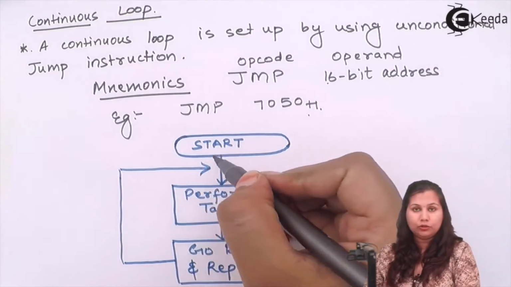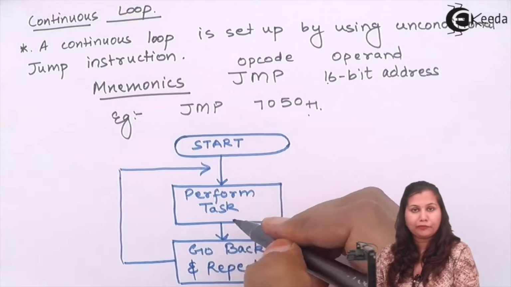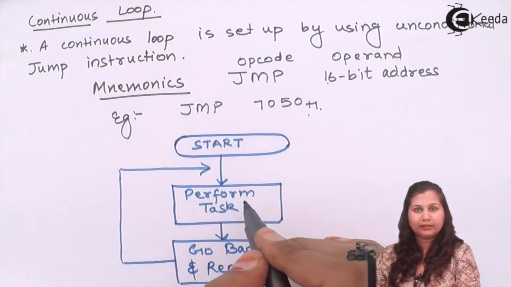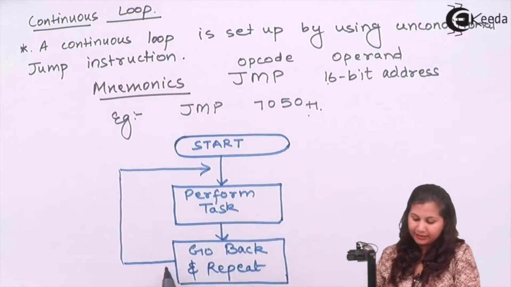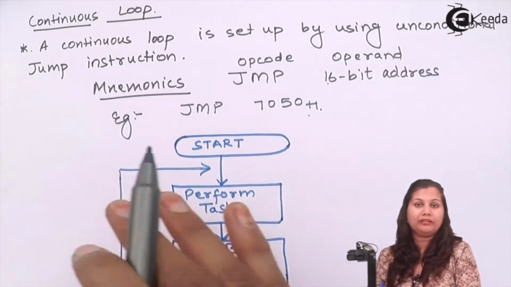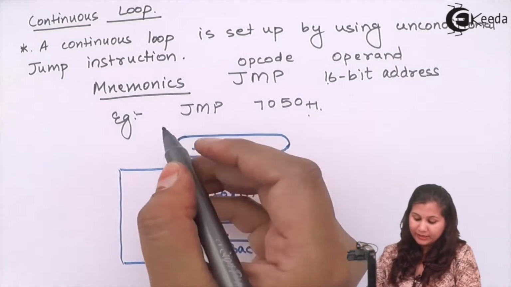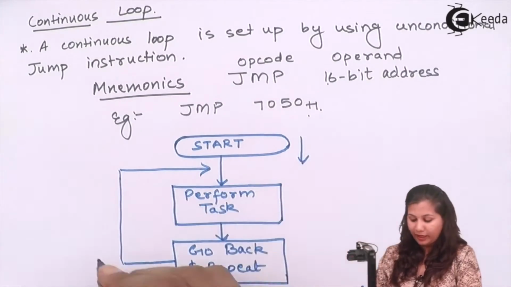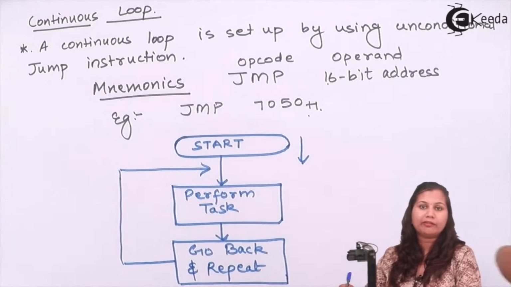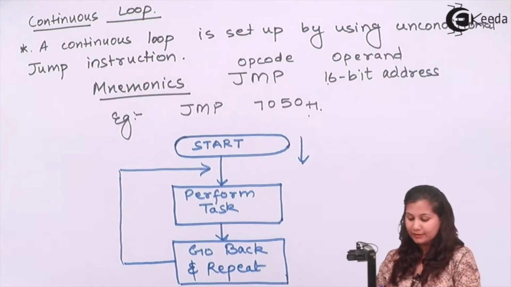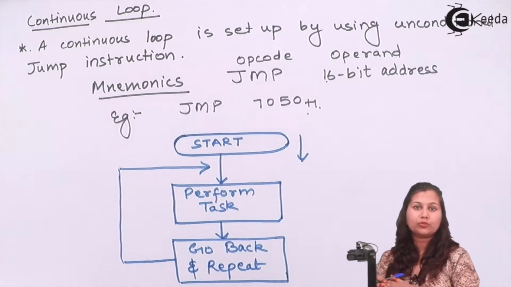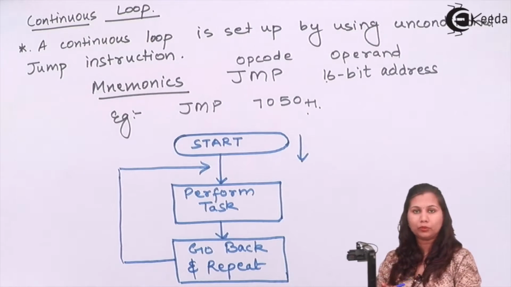We are starting the loop, then it will perform the task and then go back and repeat the task. So you can see that the task is repeated an infinite number of times. Once the microprocessor enters this loop, it will run this loop infinitely, because nothing is written in this loop which is going to stop the loop or the program.